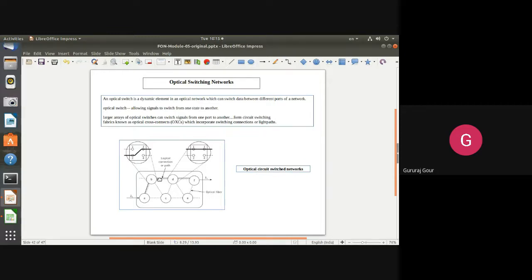If you want to deal with multiple signals, you need multiple such nodes or switches. So we'll use an array of optical switches that switch from one port to another, forming a circuit switching fabric. Here, for example, we can look into this optical circuit switching consisting of 6 nodes A, B, C, D, E, F.